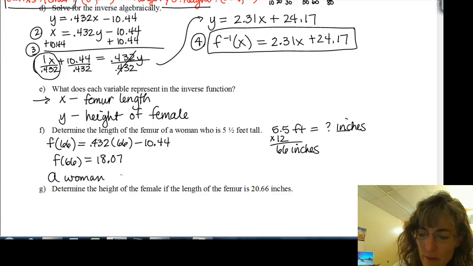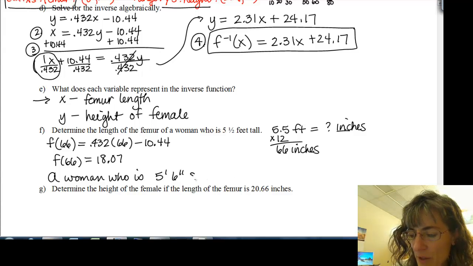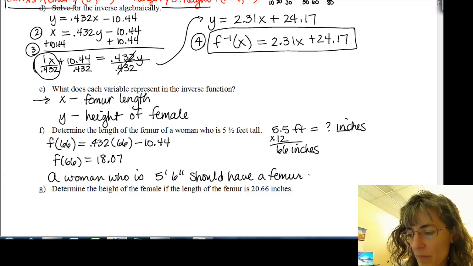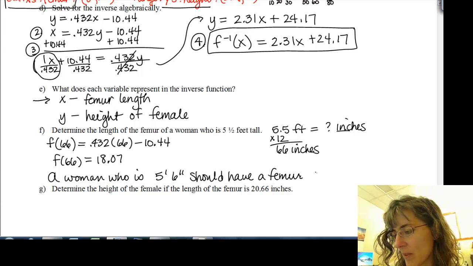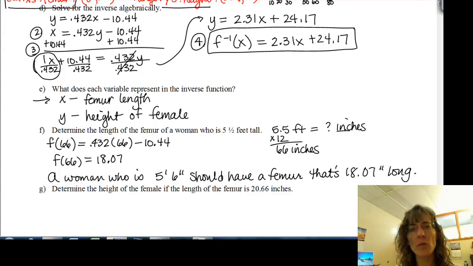And so I can say a woman who is 5 foot 6 inches, that's 5.5 feet, should have a femur that's 18.07 inches long.